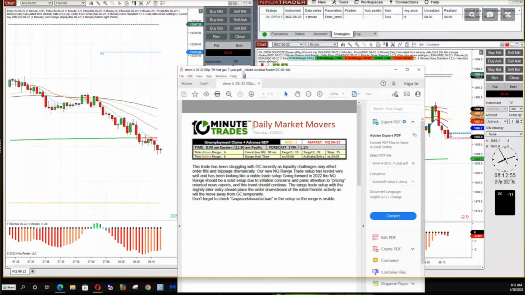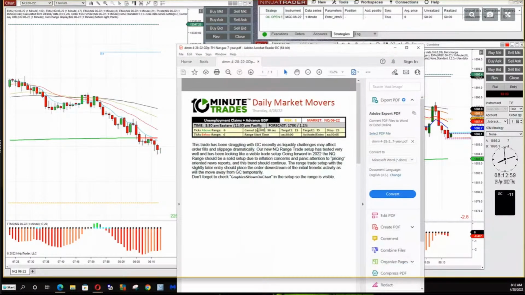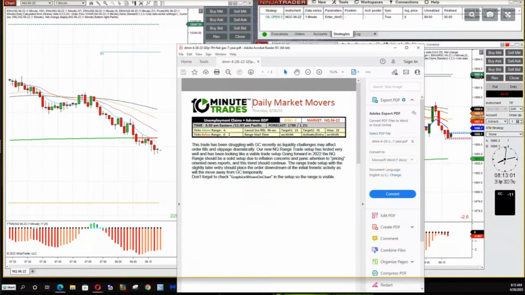So here's unemployment, okay? 6 above, 6 below, a range of 8:30 to 8:30.05. I'm going to go to 8:30.10, okay? Targets 15 and 35 with a stop of 25. I think the stop is small. That's the problem.